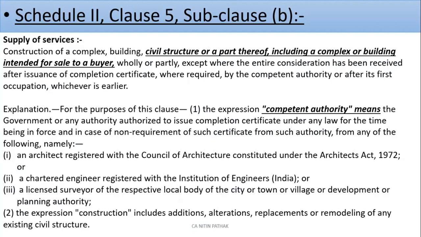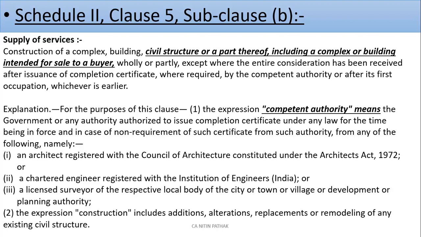If you provide this construction service after the completion certificate, it will not be covered under supply of services. So who gives the completion certificate? The competent authority. Who is the competent authority? The government authority prescribed, which gives you a completion certificate.